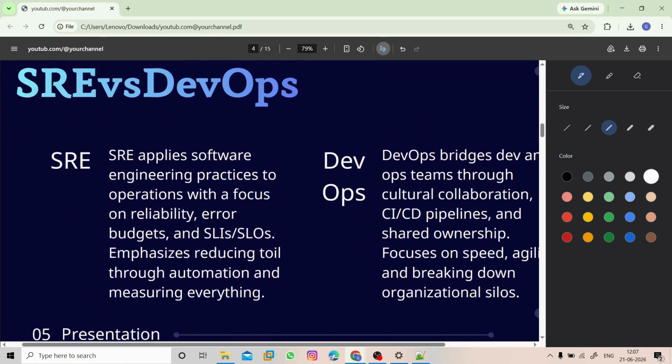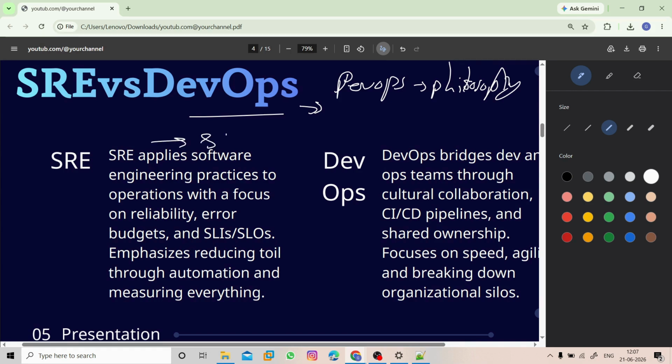Now you may ask, what is the difference between SRE and DevOps? A simple way to remember this: DevOps is a philosophy, and SRE is a practical implementation of that philosophy.